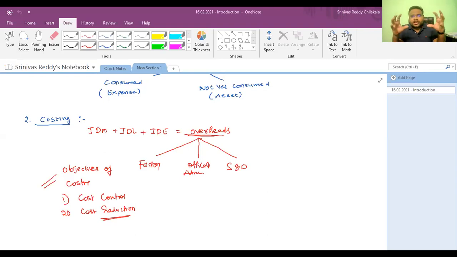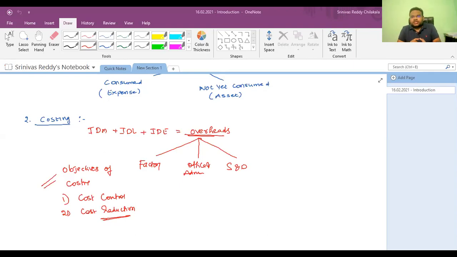You need to understand what these responsibility centers are. So there are 4 responsibility centers. First one is cost center, second one is revenue center, third one is profit center, fourth one is investment center. In terms of costing, by understanding the name itself, we can understand the meaning.